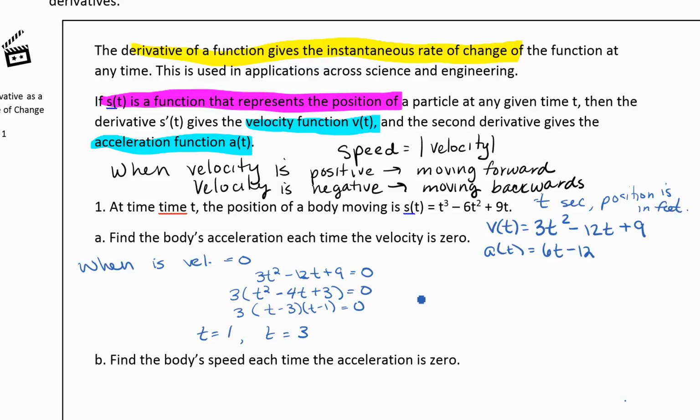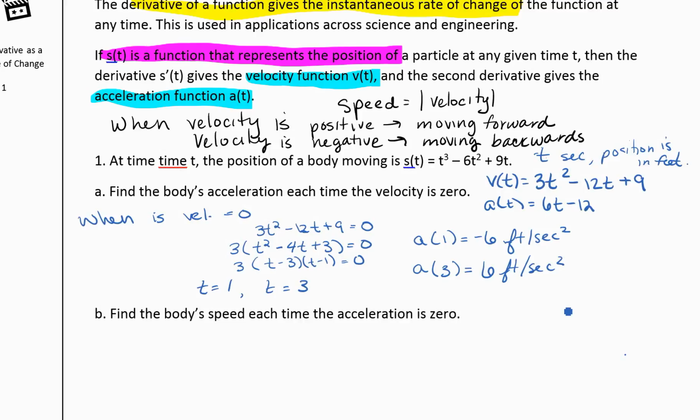If we want to know the acceleration at these times, we would do a of 1, which is negative 6, and the unit here would be feet per second squared, and our acceleration at time 3 would be 6, feet per second squared. So we're just plugging these values into our acceleration.